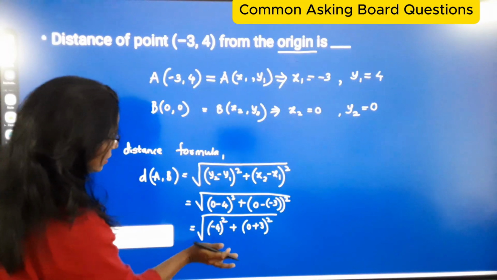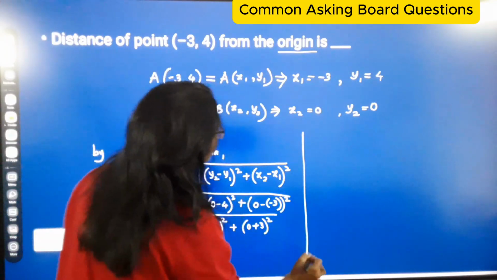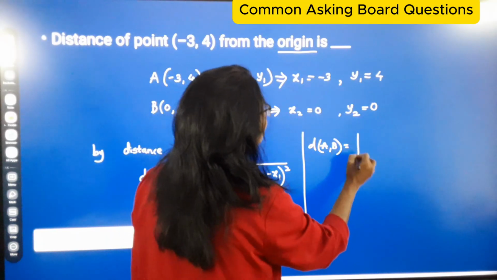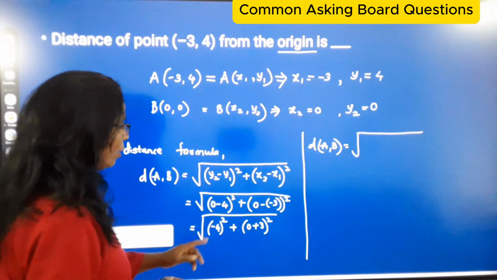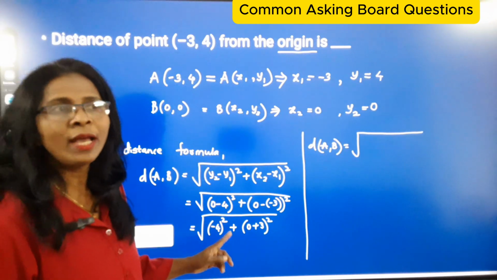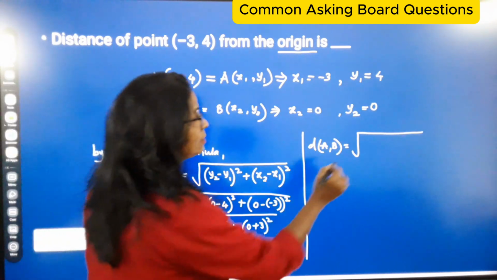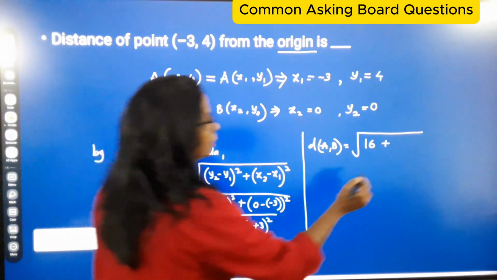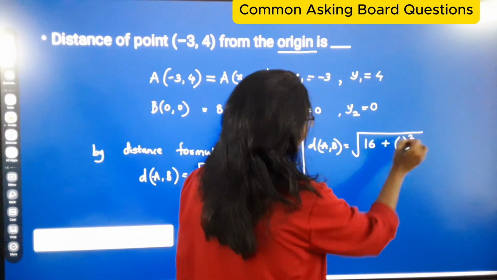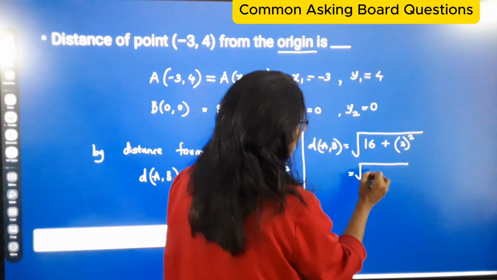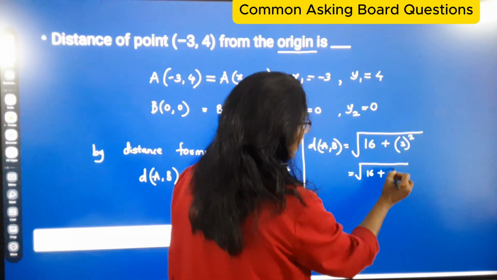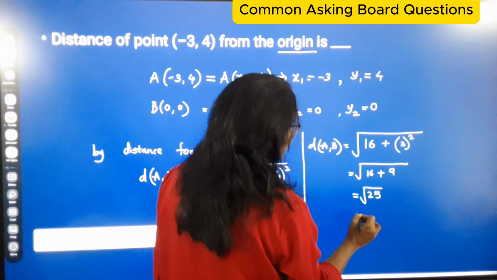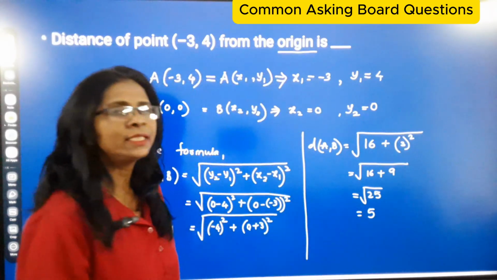So the distance from A to B is equal to the square root of the square of minus 4, which is 16, plus 0 plus 3, which means the square of 3, that is 9. That means the square root of 25, and we know the square root of 25 is equal to 5.